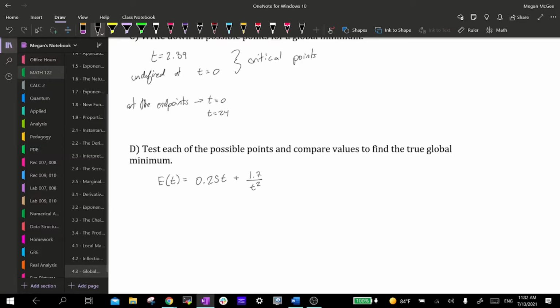Okay, so let's go ahead and test t is equal to 2.39. So e of 2.39 is 0.25 times 2.39 plus 1.7 over 2.39 squared. And the calculator tells us that this is 0.89.